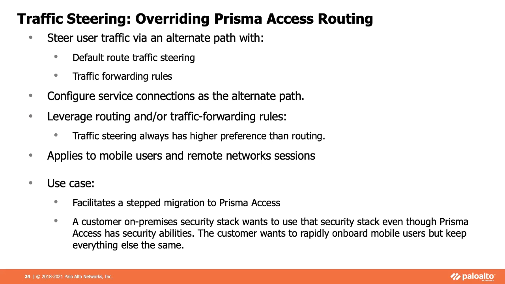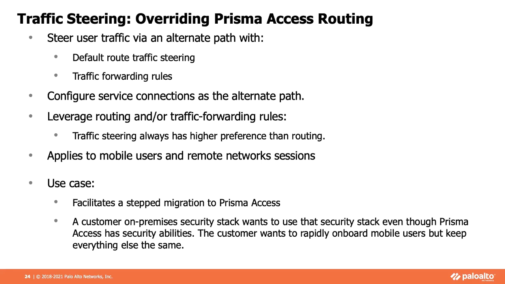We have a couple ways we can override that behavior and actually push that mobile user traffic or a remote network user through a service connection down to an existing firewall or security stack, and then out to the internet based on however traffic from that data center might get out to the internet.